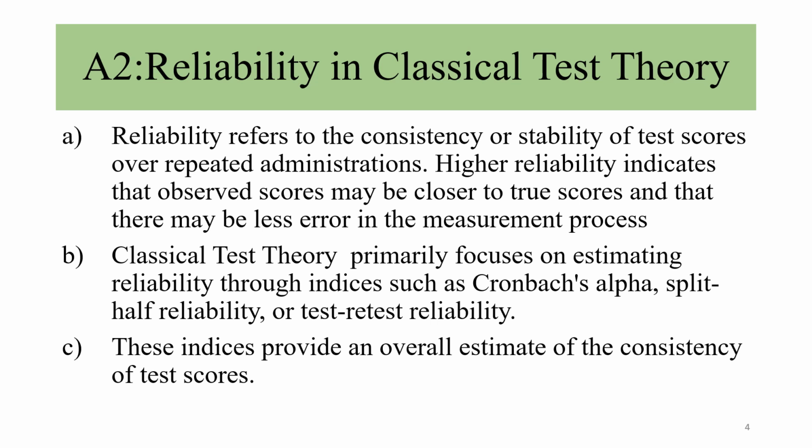Higher reliability indicates that the observed score may be closer to true scores and that there may be less error in the measurement process. So if reliability is high, then there are fewer chances of random error. The systematic error may still be very much there, and that is not detected by reliability.